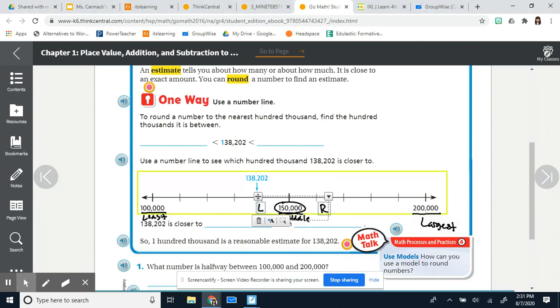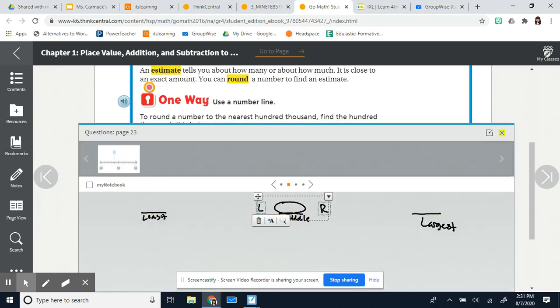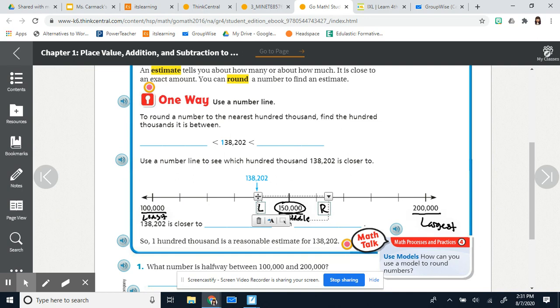So that's how I know. So because it's to the left of 150,000, that means it's actually closer to 100,000. It's closer to 100,000 than 200,000. So that means, answering our first problem, 100,000 is a reasonable estimate for 138,000.